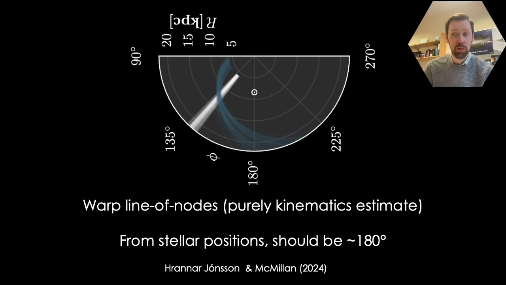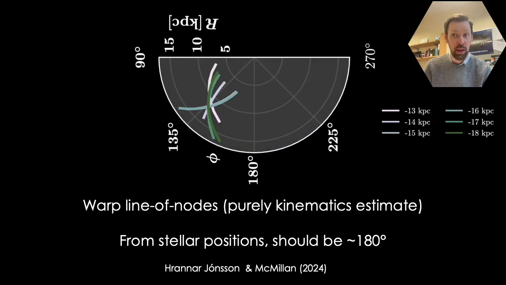And we can thank our referee for really pointing that out to us, because they encouraged us to look at this more carefully, and we ended up with the plot I'm about to show now, which is showing that line of nodes when we've allowed it to vary with radius rather than simply being radial outwards from the center of the galaxy, and what it is when we consider different samples of stars, where we stop our sample either at 13, 14, 15, etc. kiloparsecs from the center of the galaxy, so all of the stars outwards to that point.